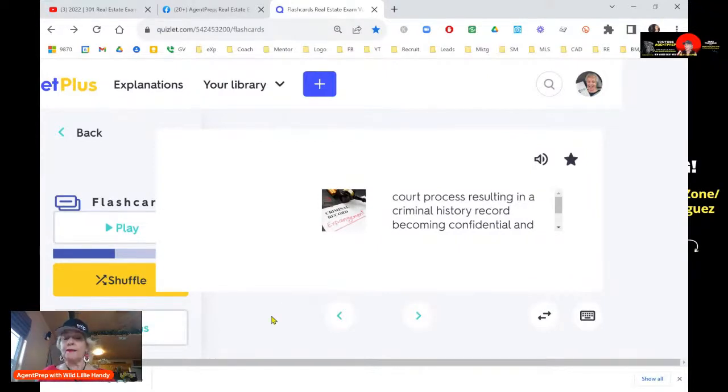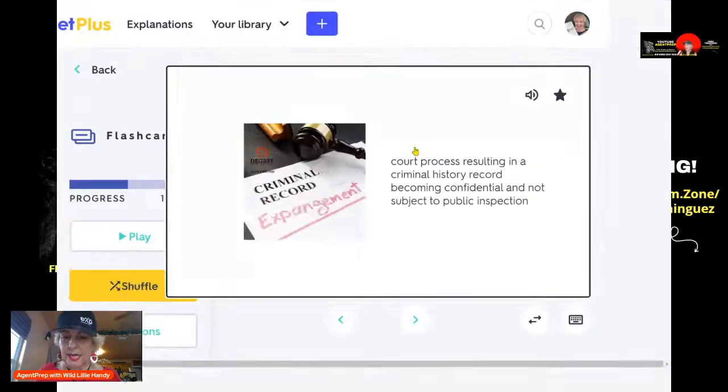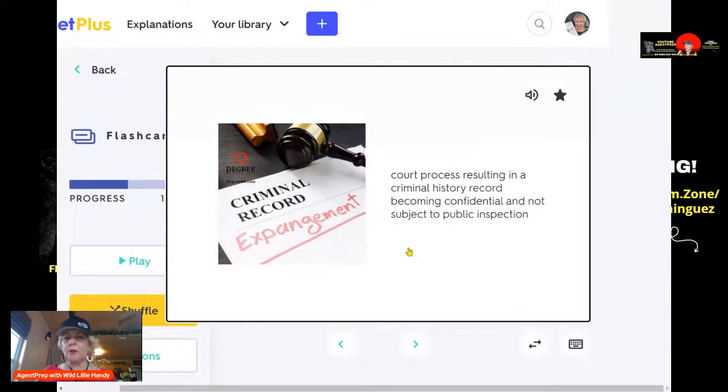Okay, a court process resulting in a criminal history record becoming confidential and not subject to public inspection. So what kind of court process is that?